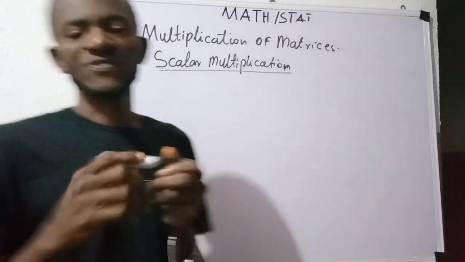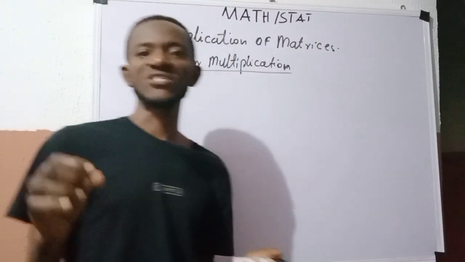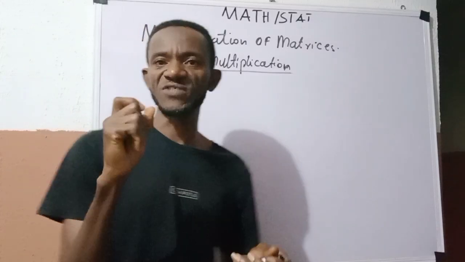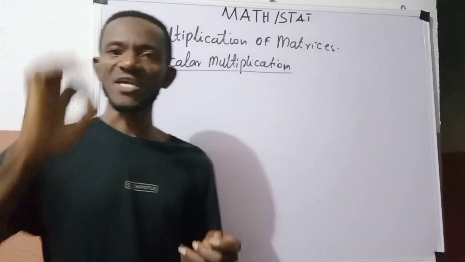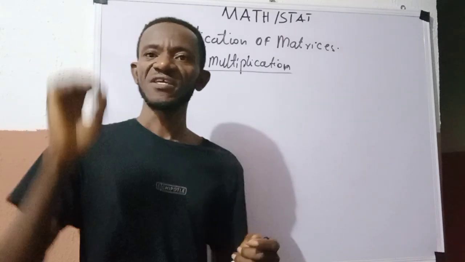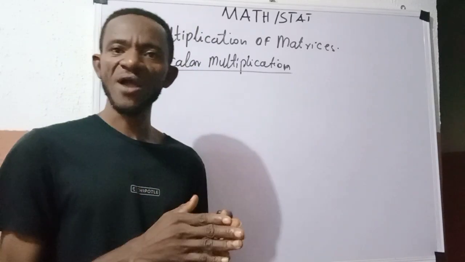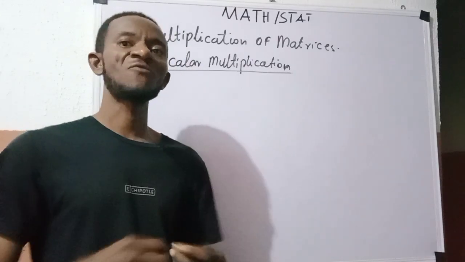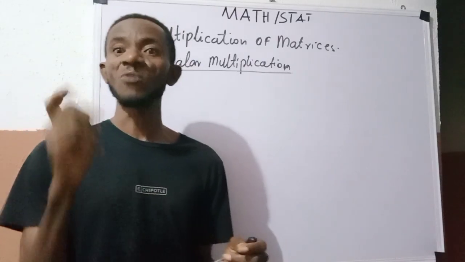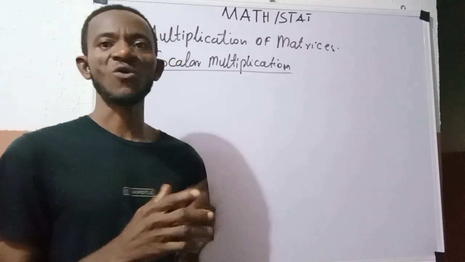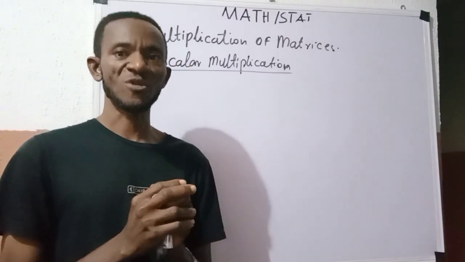When we talk about scalar multiplication in a matrix, we are talking about using a number, which could be a whole number, a fraction, or a decimal, to multiply a matrix. That is what we mean by scalar multiplication.